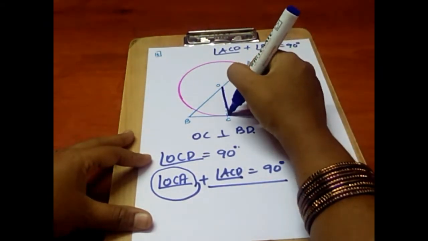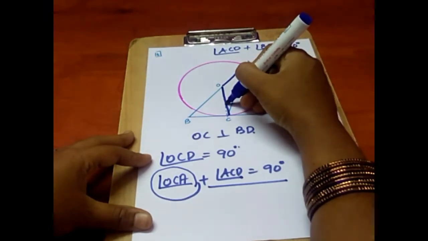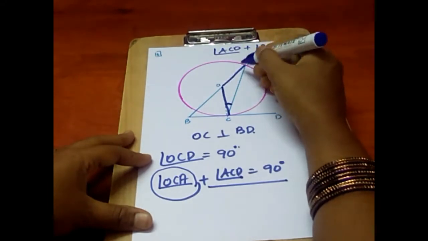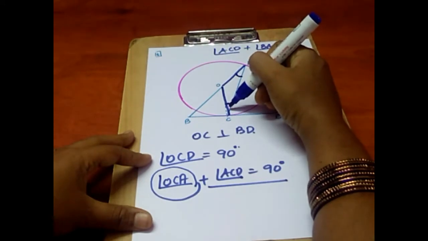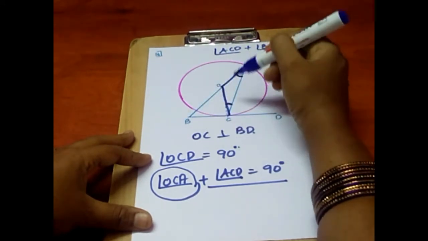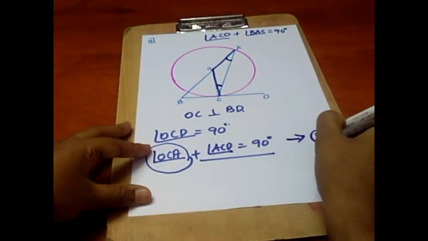We know that OC is equal to OA, that is the radius. OCA is an angle opposite to the side OA, hence angle OAC is equal to angle OCA. From the diagram, OAC is nothing but BAC. So mark this as result number 1.